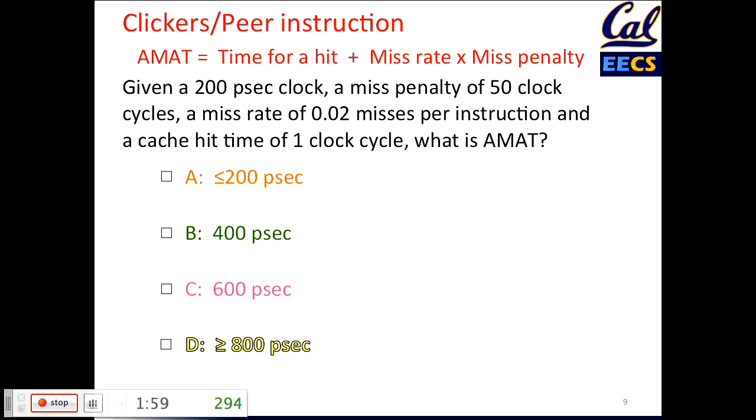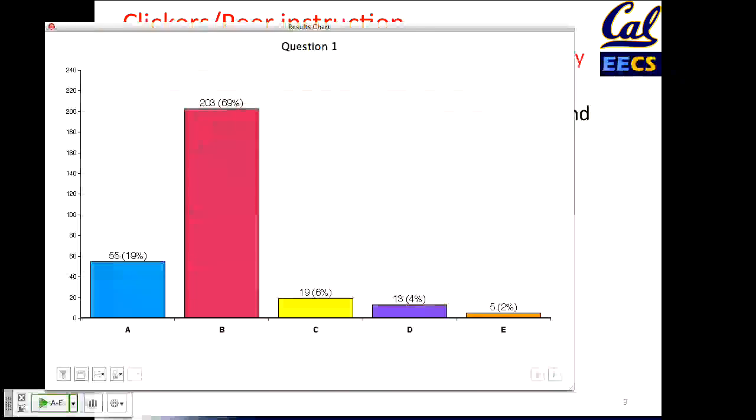Okay, let's take a look. So, okay, we have a clear leader, but a bunch of people think A is the answer. I think I'll give you just 1 minute to talk to your neighbors.